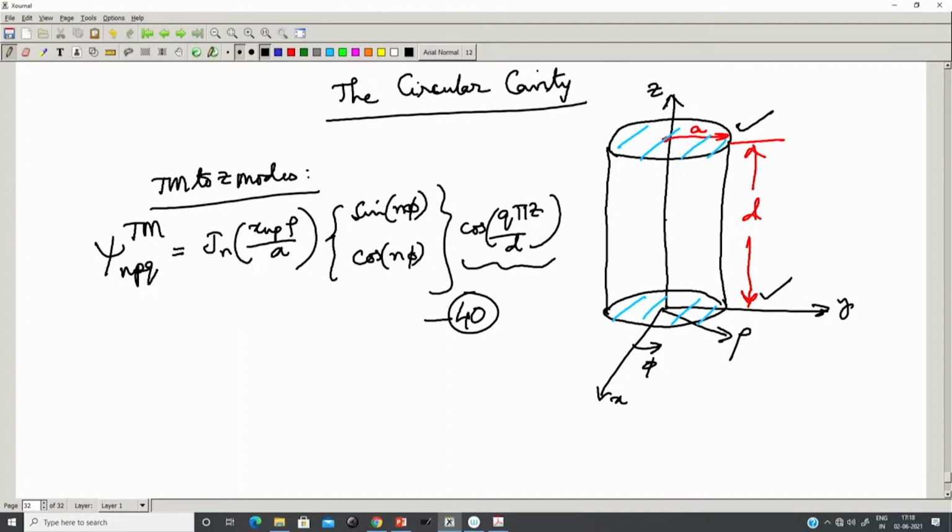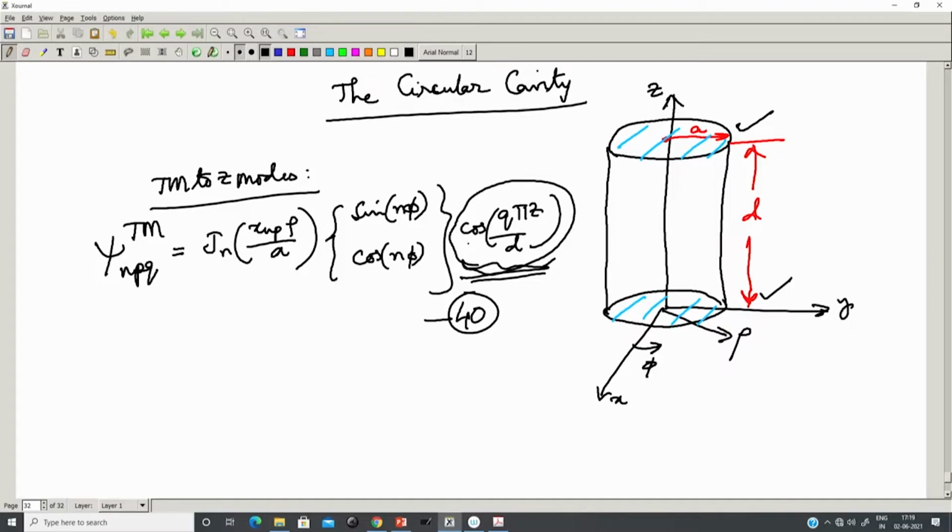This form of function, whether it is sine or cos, is determined by exactly the same logic as we followed for the rectangular waveguide cavity, and I leave it up to you. We follow exactly the same reasoning that the tangential components of E have to vanish at z equal to 0 and z equal to d, and we come up with the appropriate sine or cos decomposition.